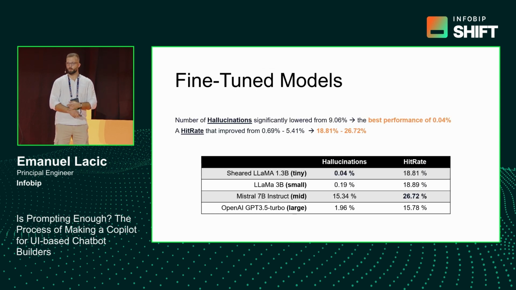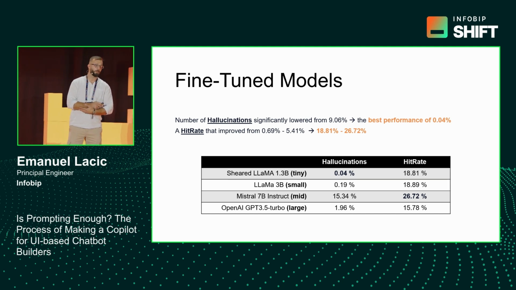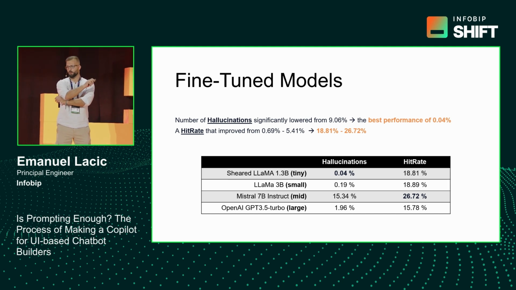And for me it was really interesting when I saw the results. If you remember, with a lot of prompt engineering and sophisticated prompts, we still hallucinated almost 9% of the time. But with the fine-tuned models, we reduced the hallucination to almost 0.04%, which is significantly lower.